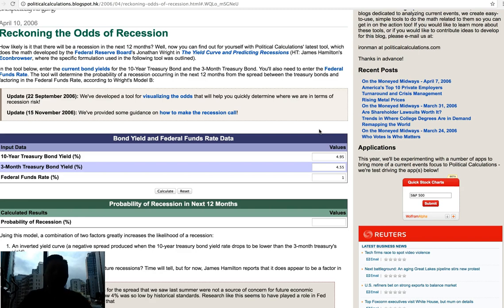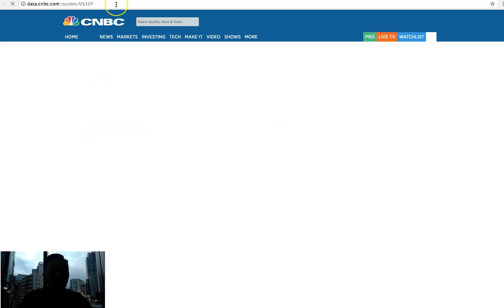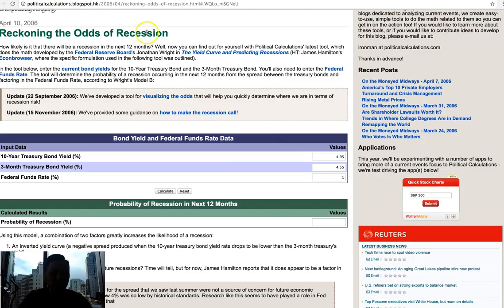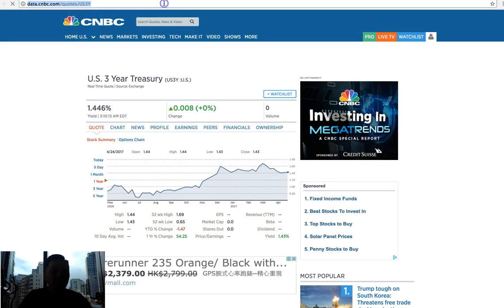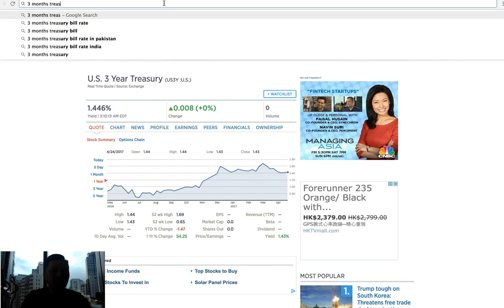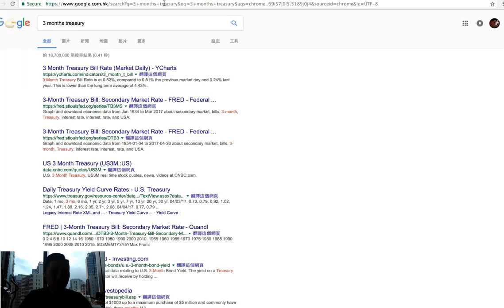The other signal is you can type in US 10-year yield curve. You can choose other websites, but that is legit also. 2.3. Then you should find the 3-month yield curve, 3-month Treasury, like that.